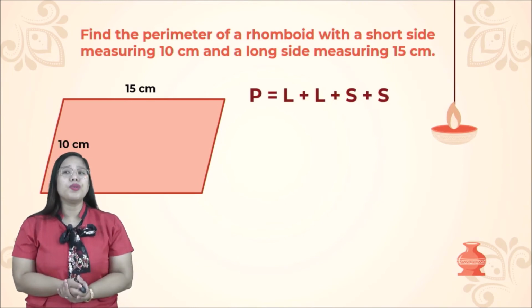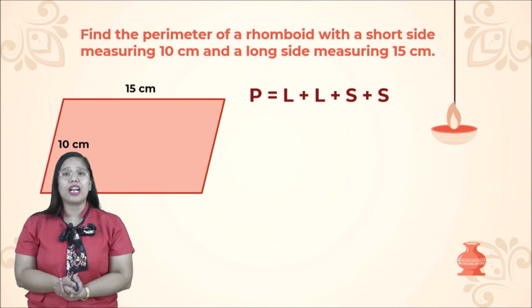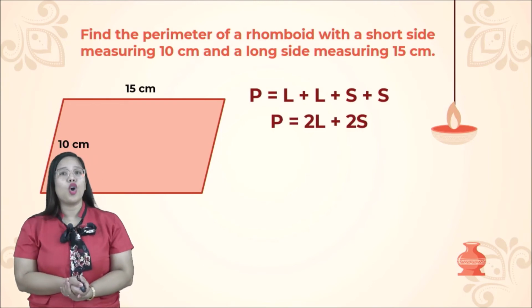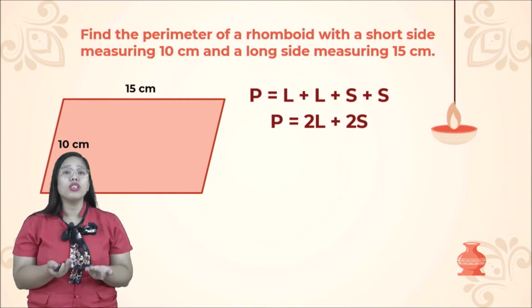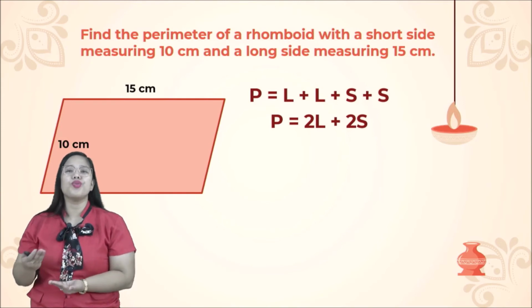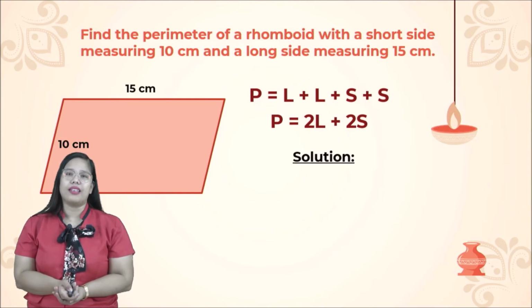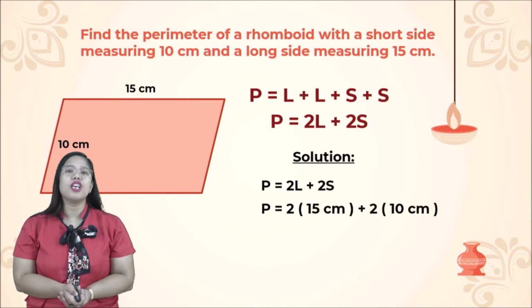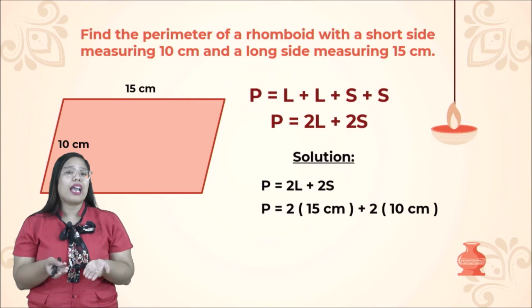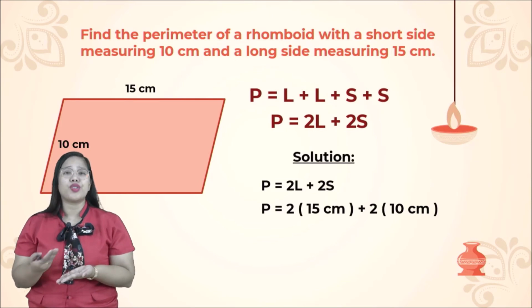So we will be using the formula L plus L plus S plus S, or simply 2L for the long side plus 2S for the short side. So let's just substitute, kids. Our formula again will become 2L plus 2S.